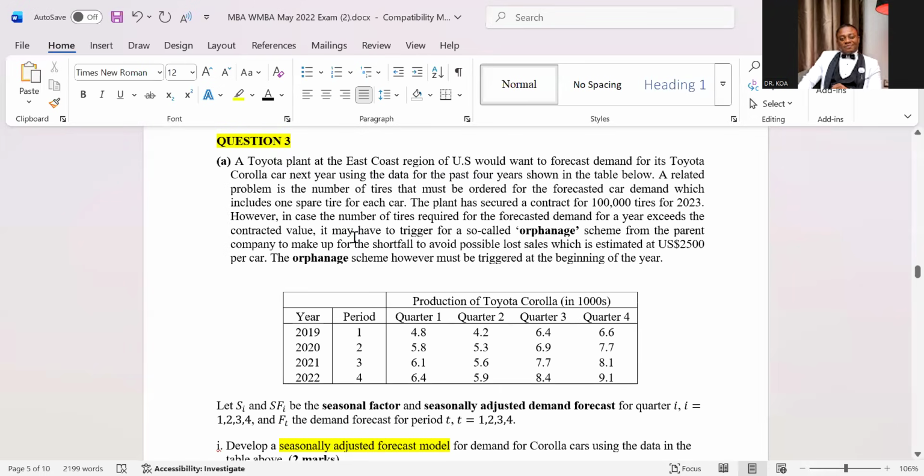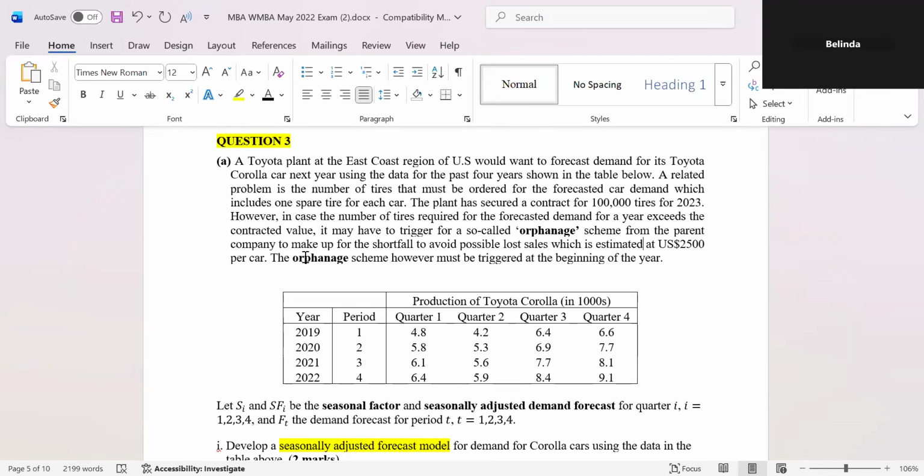It says that it will have to trigger a so-called orphanage scheme from the parent company. You see, that parent company builds orphanages. It's like philanthropy. But now they need to get that extra 62,750 back. So it will make up for the shortfall to avoid possible lost sales, because they need to make sales of the cars.